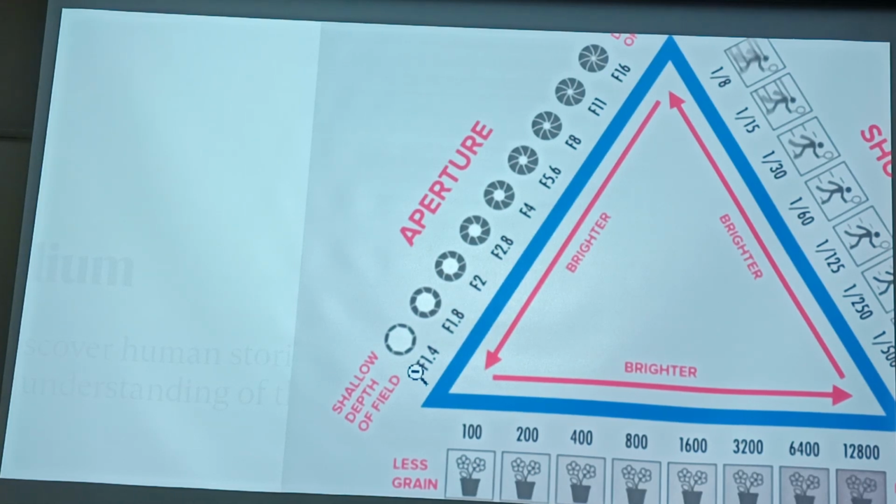So we might only get 20 centimeters that's in focus, comparatively to 4 or 5 or 6 meters. Landscape photographers generally utilize high apertures, f16, f22, so that they can keep the entire landscape in sharp focus.